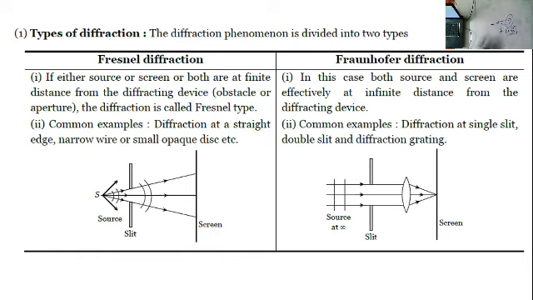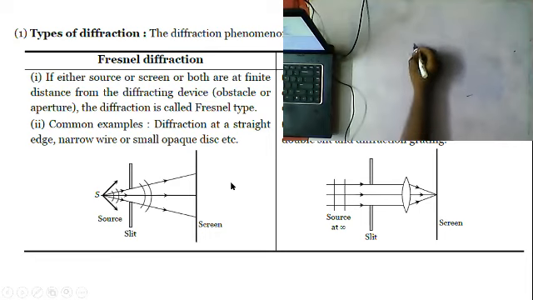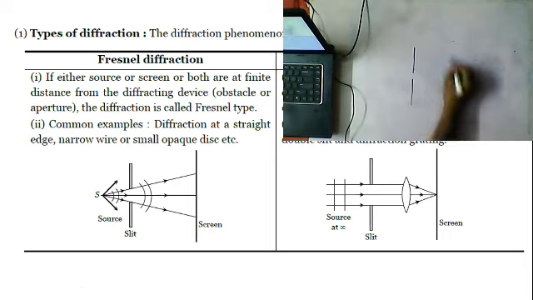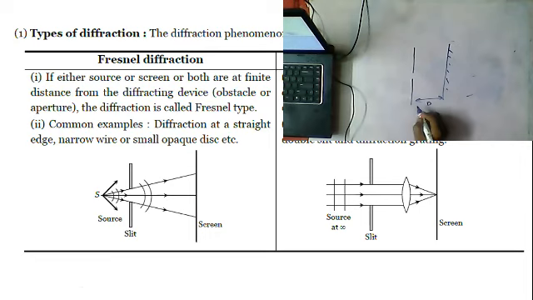Okay, I'm showing you. You can see here, this is a source and here is the screen, and these are separated by a distance of capital D. The light spreads, which will produce a diffraction effect.